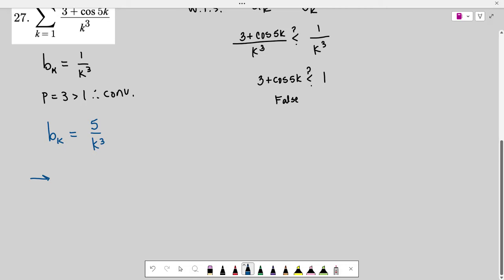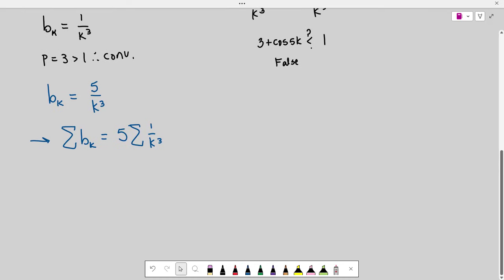If we create the series b sub k, you could factor out the 5, right? It's still a convergent p-series. It's 5 times a convergent p-series. So you still have that p is equal to 3, which is bigger than 1, therefore convergent. The multiplication by 5 does not change convergence or divergence.